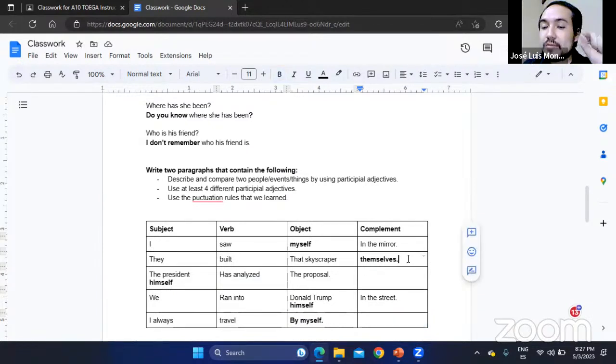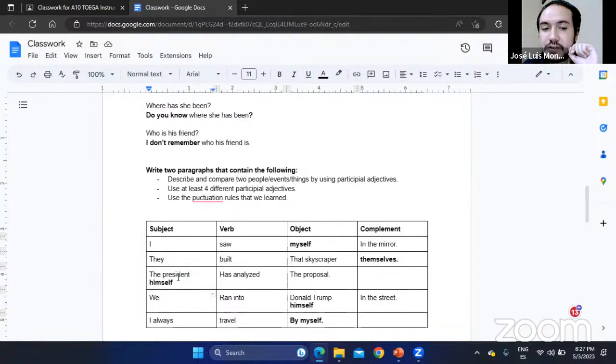All right, so in summary, the first one, you do, you receive the action. The second one, emphasis on that idea because it's different, unusual, impressive, or you did it personally. Number three and number four is because you're putting emphasis on one person or one group. The president himself has analyzed the proposal. We ran into Donald Trump himself in the street.